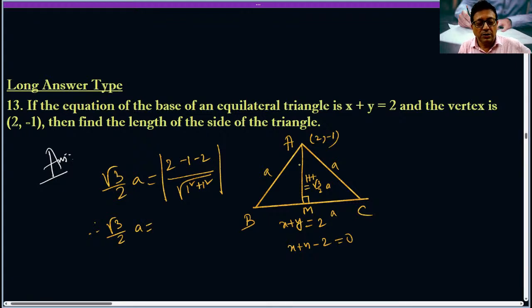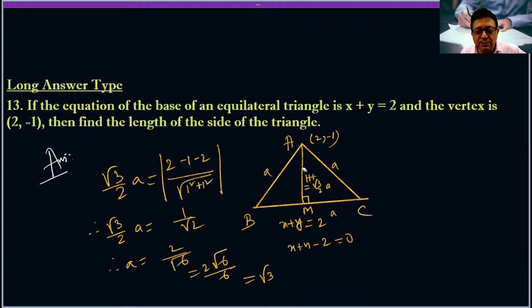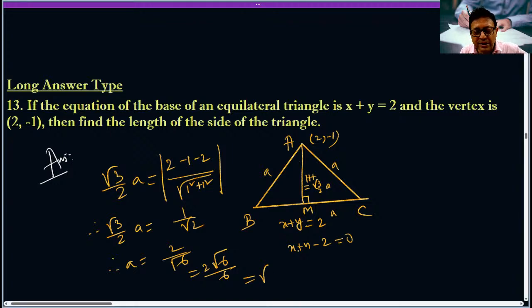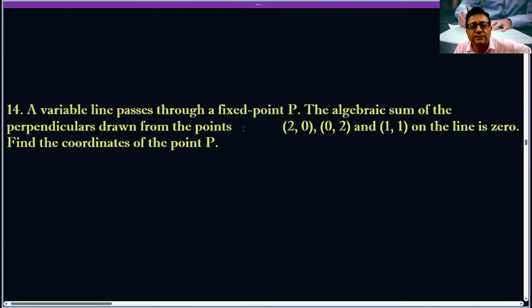This is what? 1 by root 2. So A equal to what? 2 by root 6, or 2 root 6 by 6, or root 6 by 3. A is plus minus, yes. So A equal to root 6 by 3. Clear? Understood? Go for next one.